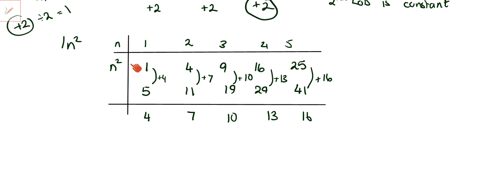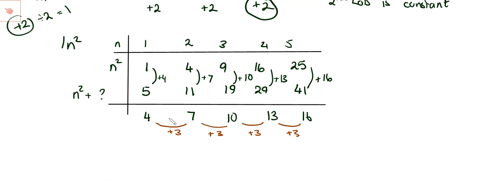So this line is going to be n squared plus something. Remember that? What's the something? Well, the something changes every time. But you will notice that the something is what kind of sequence itself? 4, 7, 10 is a linear one, isn't it? The same linear that we did before. So that's plus 3.